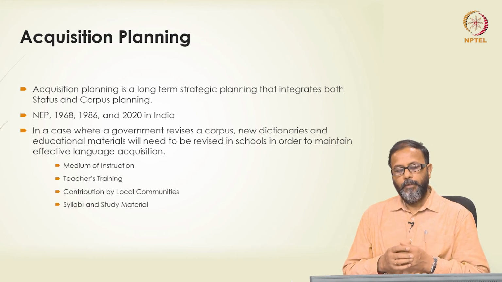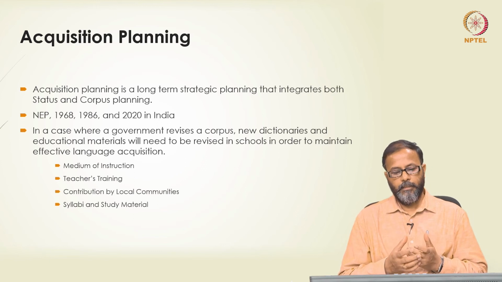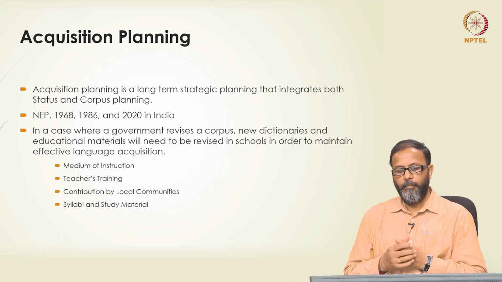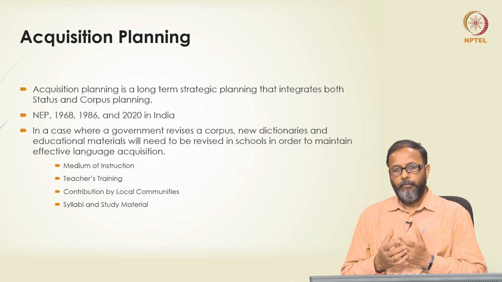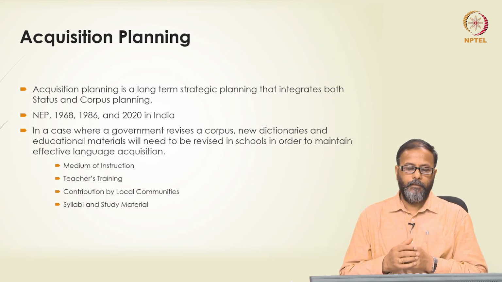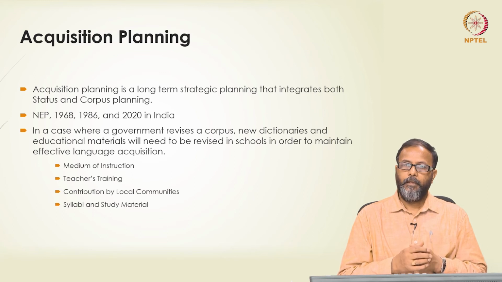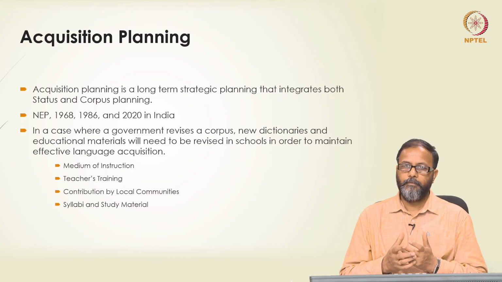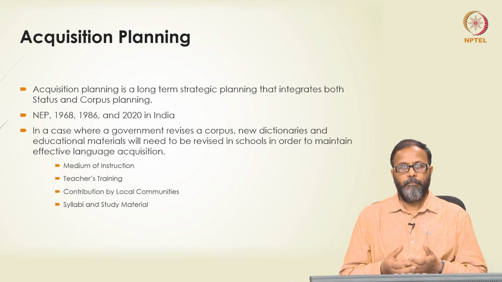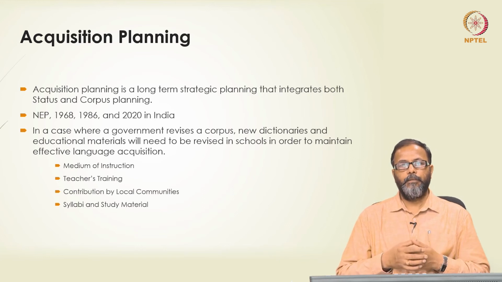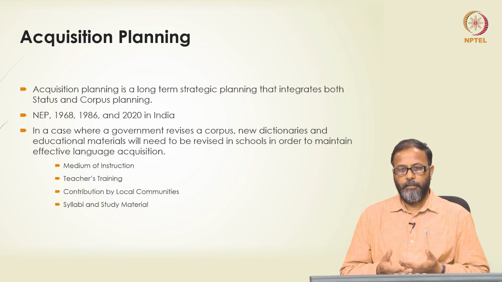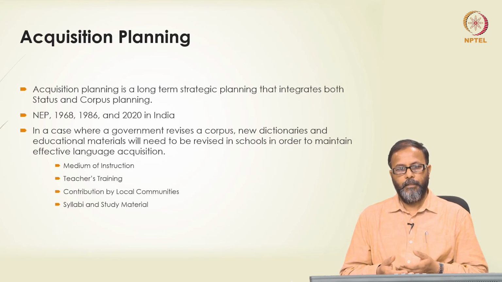So, in a case where a government revises the corpus, new dictionaries and educational materials will be needed for use in the schools in order to maintain effective language acquisition. And it's always productive to introduce such languages in school curriculum, because young children in their formative years, in their critical phase of learning, will find it easy to acquire it as second language or third language.